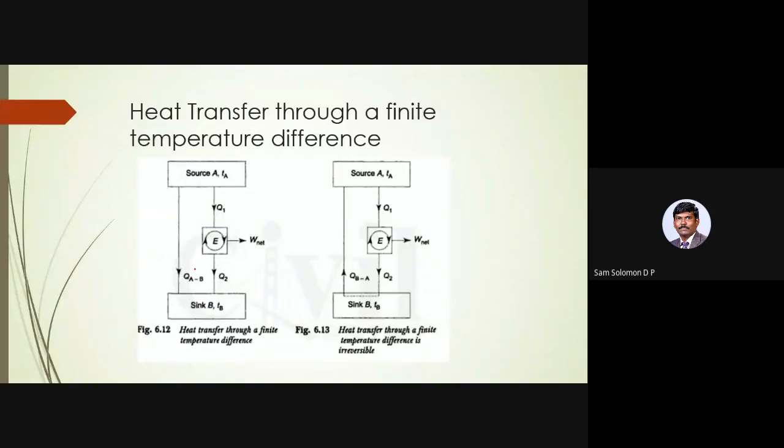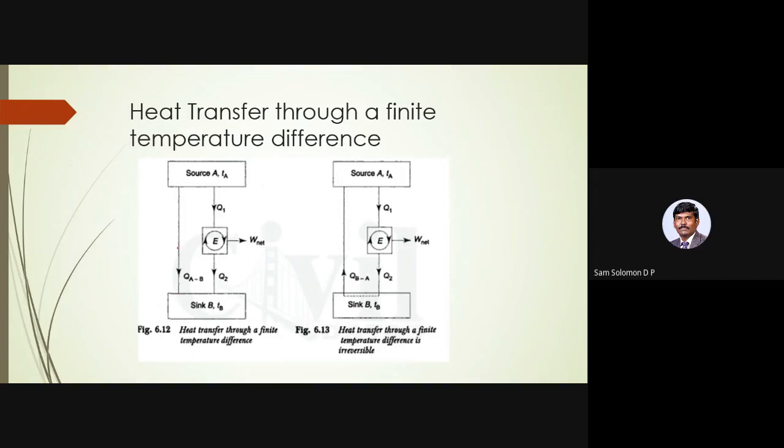If Q1 amount of heat is supplied to the heat engine, QAB is the amount of heat that is moving from the source to the sink, apart from the heat engine.